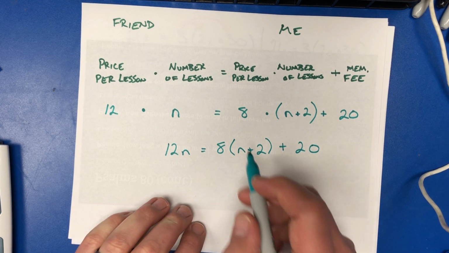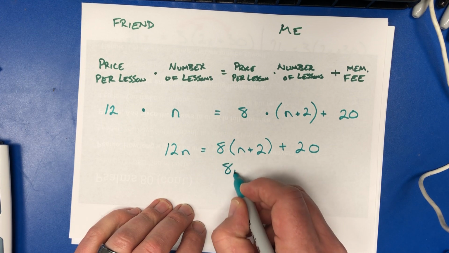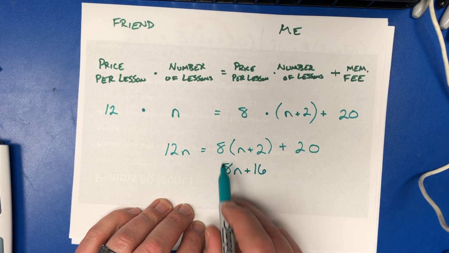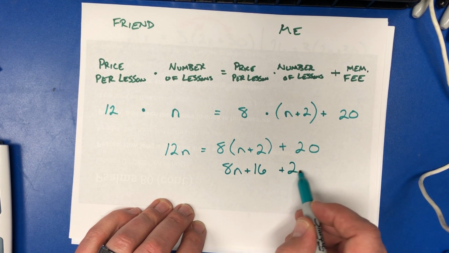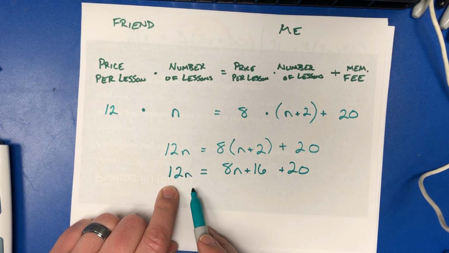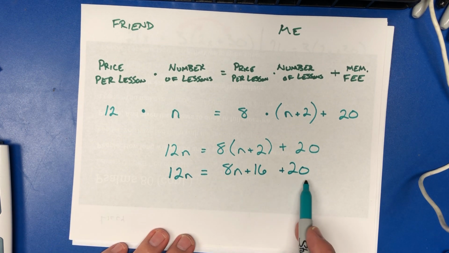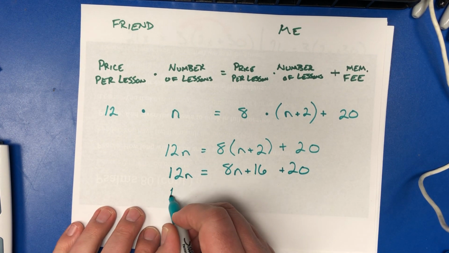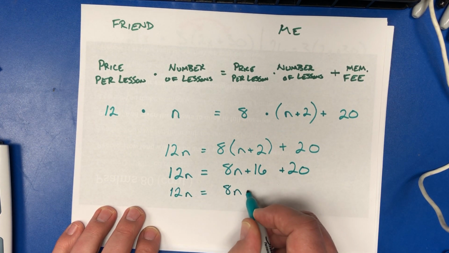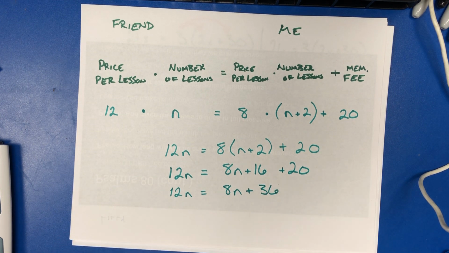I'm going to get rid of them using the distributive property. 8 times n is 8n. 8 times 2 is plus 16. And then this plus 20 just drops down. 12 times n is equal to 8n plus 16 plus 20. Well, guess what? I don't need both of those. I'm going to combine those right away. 16 plus 20 is 36.